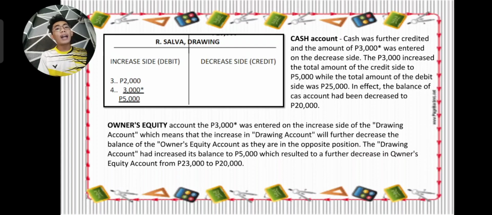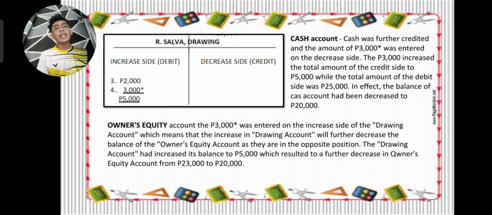Kay mao man na ang total nga gi-invest katong initial o katong another nga gi-invest ni Arsalva, which is mo total og 25,000. In effect, the balance of cash account had been decreased to 20,000 since nag-withdraw man si Arsalva og 5,000 total na siya. So ang iyang cash account na lang is 20,000 na lang.